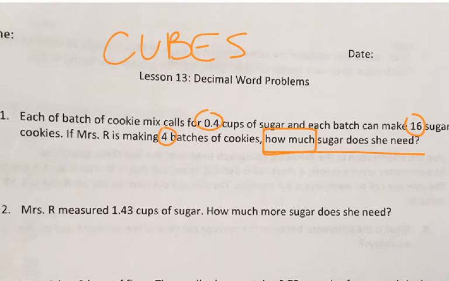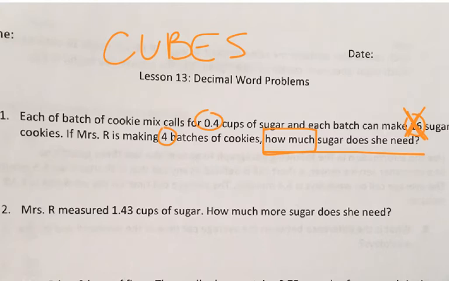So if you look at your numbers here, our question says how much sugar does she need for each batch? So I need the numbers for sugar, I need the number of batches. I do not need the number of sugar cookies in each batch. So I eliminate that extra information, and now I'm going to solve.